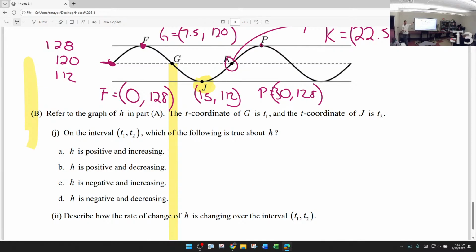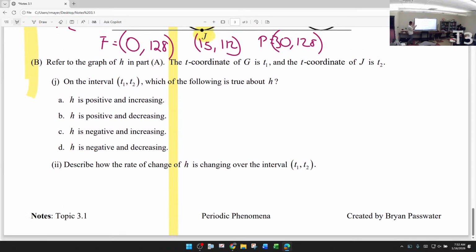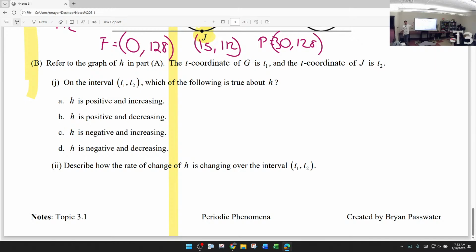No. So H is positive and decreasing because it's way up there at the top. It starts at 120 and ends at 112, so H is all positive. Decreasing because I'm going downhill. And then they want to know about the slope of that, and that's where it's decreasing at an increasing rate. And that's it.